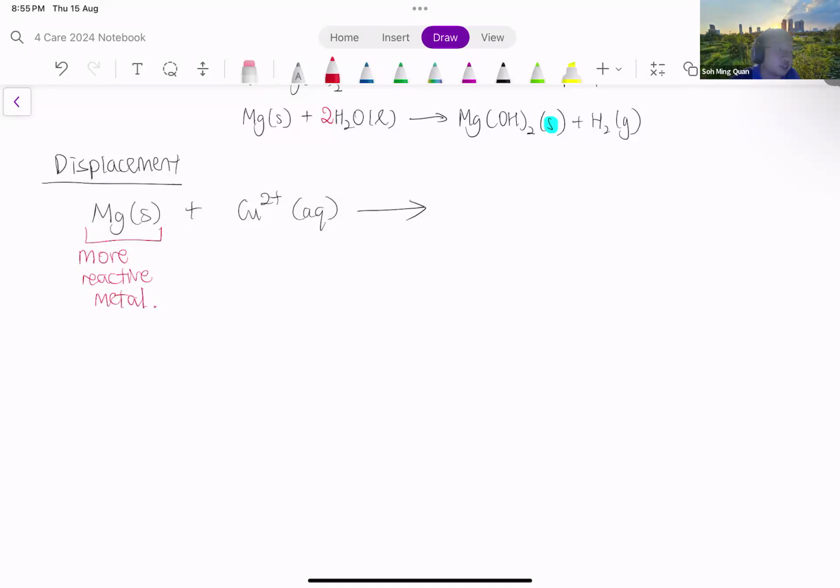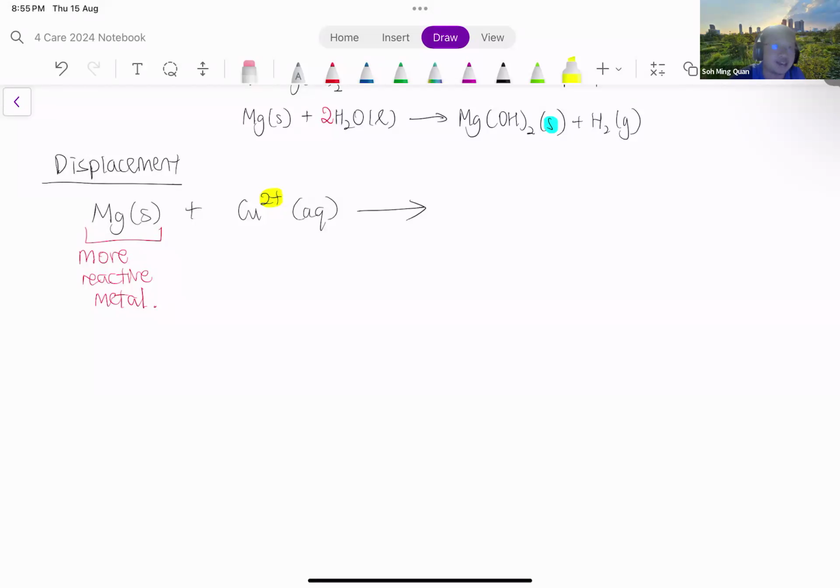Now, I've deliberately written this as an ionic equation. How do you know it's an ionic equation? It is an ionic equation because you can see ions with charges. If it had been a full chemical equation, you would not see any plus and minus.